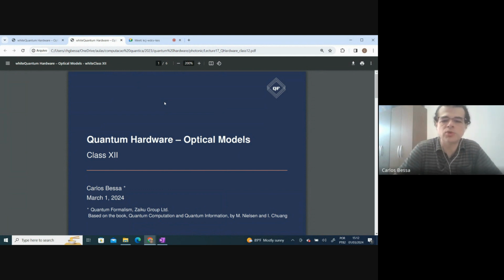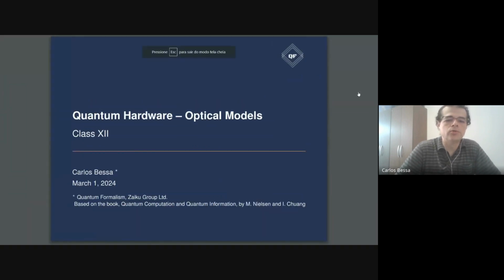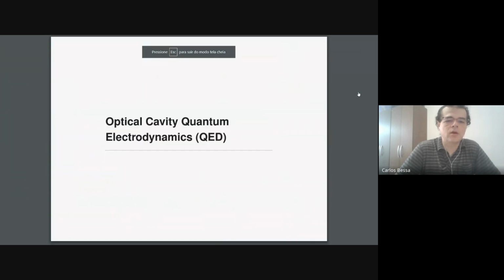This interaction is weak, and it's the type of thing that we cannot control. So for today, we are considering this other model, the optical cavity quantum electrodynamics, QED for short.